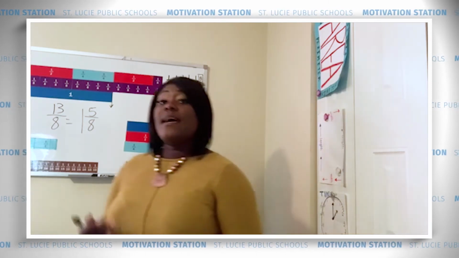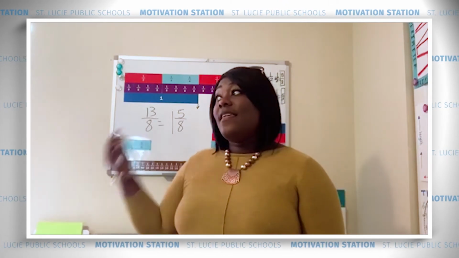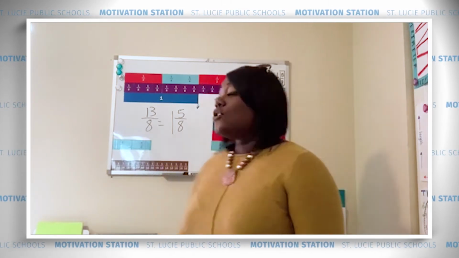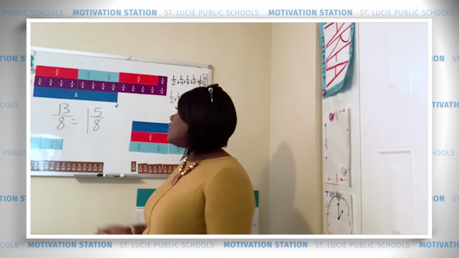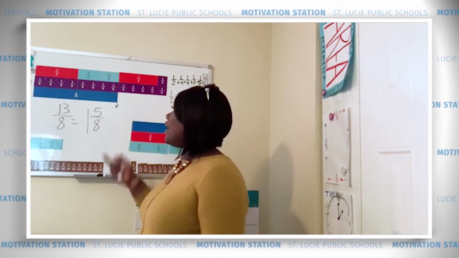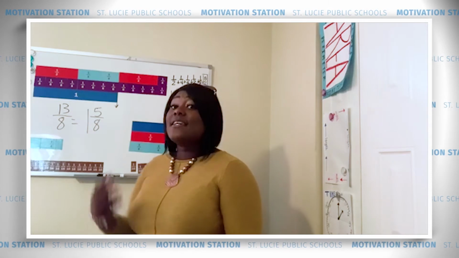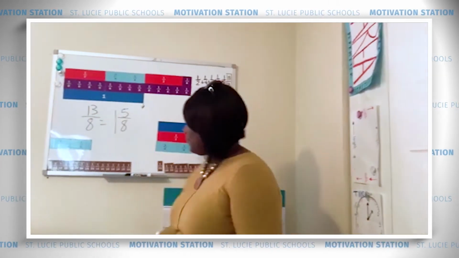And we talked about that before. If this is equal to that, and that is equal to this, then this and that are also equal to each other. So my top fraction train is equivalent to 13/8, and it is also equivalent to 1 and 5/8. So then 13/8 is also equivalent to 1 and 5/8.